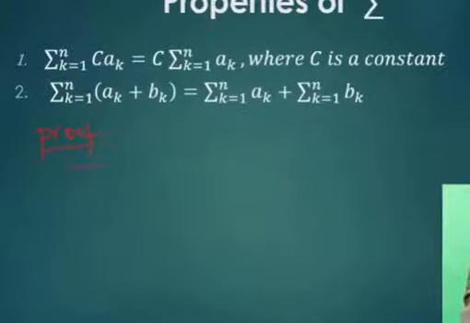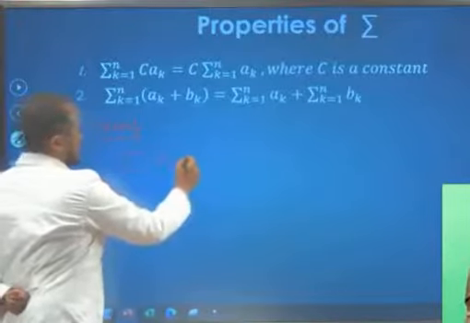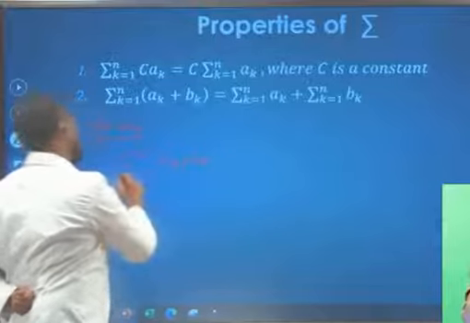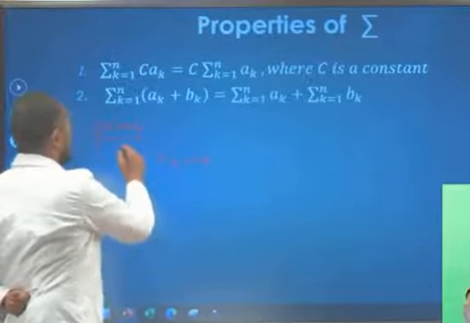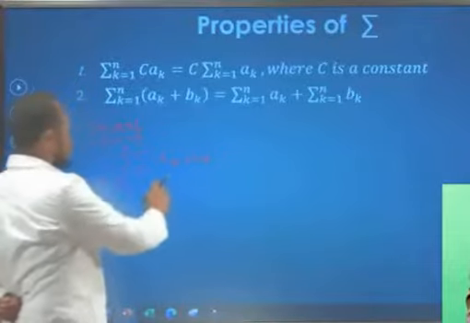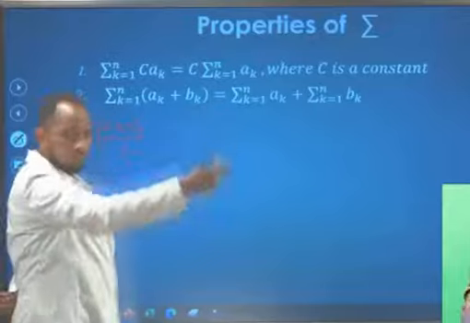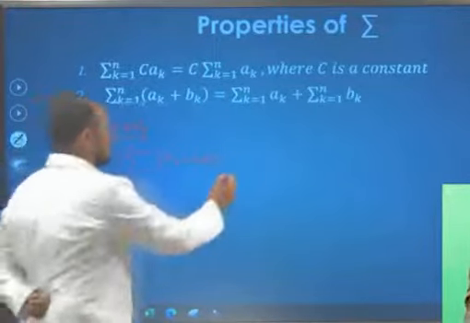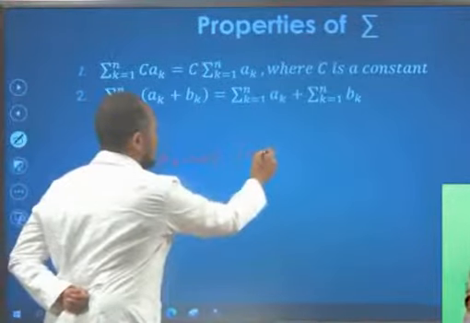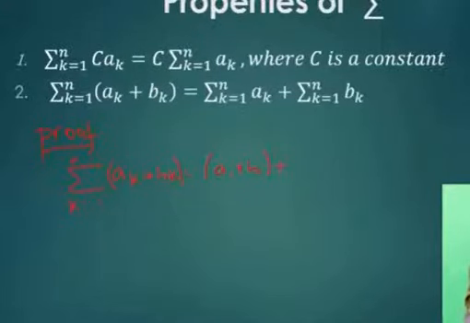Proof: the summation of a_k plus b_k, k starts from 1 up to n, is equal to adding the terms of this sequence starting from 1 up to the nth term. So this equals a_1 plus b_1, plus the next term.